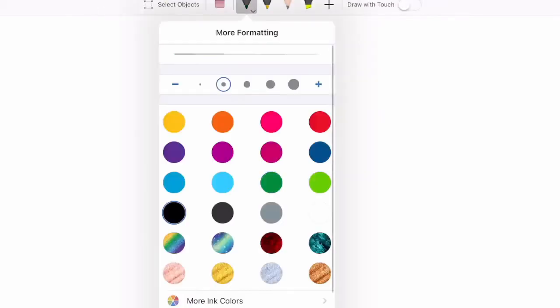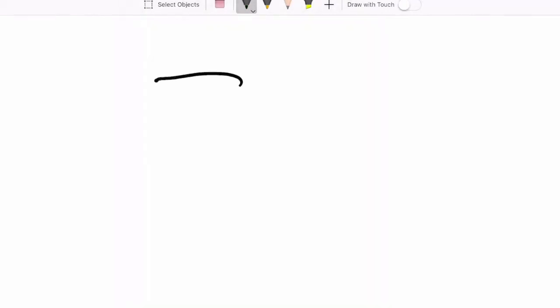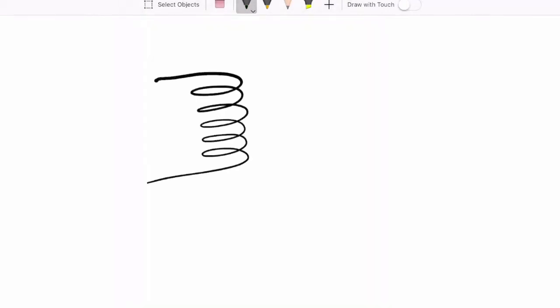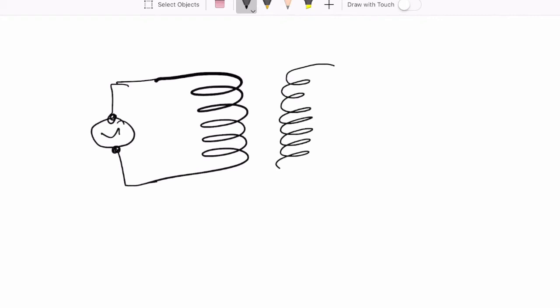So let me just quickly draw the transformer again. And I'm not going to draw the core. So here you've got an AC source, and here you've got the secondary coil. The number of turns in the primary is NP. The number of turns in the secondary solenoid is NS.